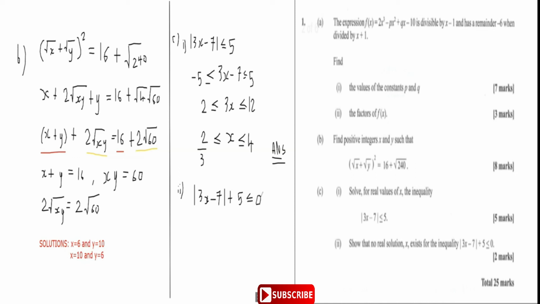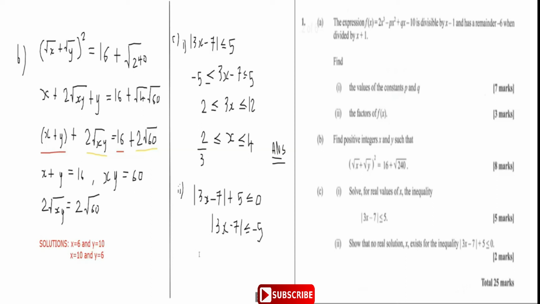Now to show that this has no solution, all you have to do is subtract 5 from both sides, and you're going to get the modulus of 3x minus 7 is less than or equal to negative 5. All right, but we know that modulus cannot be negative.